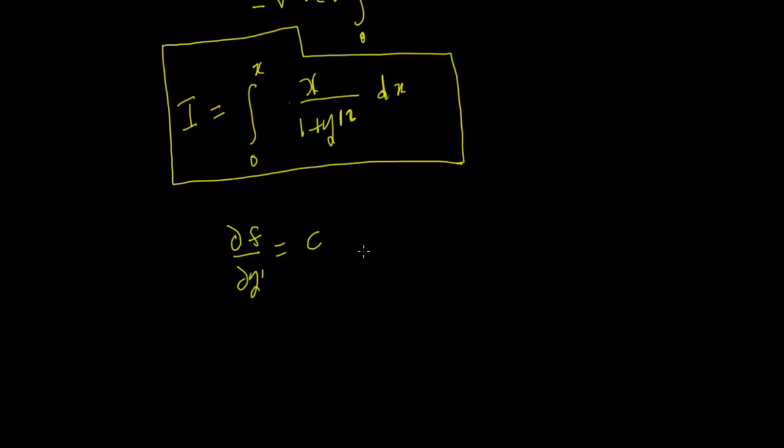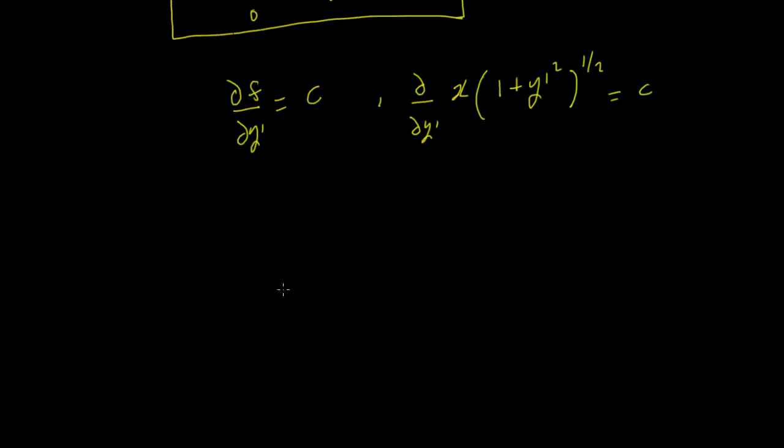So we then go through that differential, that's like saying partial by partial y derivative of x times 1 plus y derivative squared to the power of a half equals a constant. So the x looks like a constant here because it's partial differentiated with respect to y.